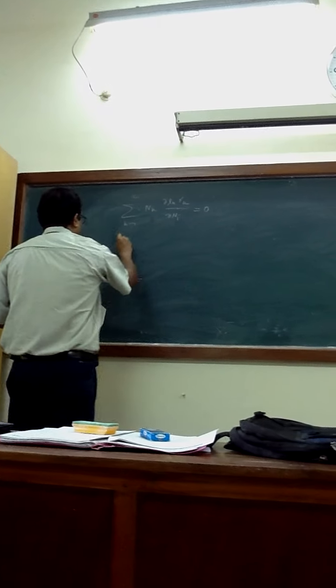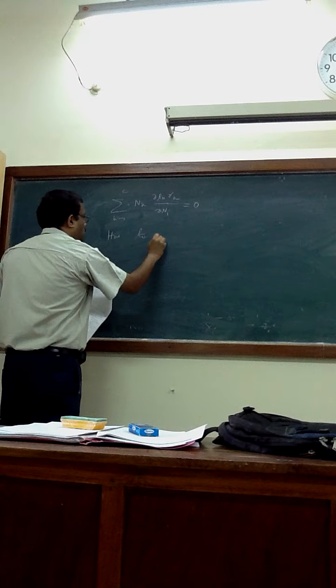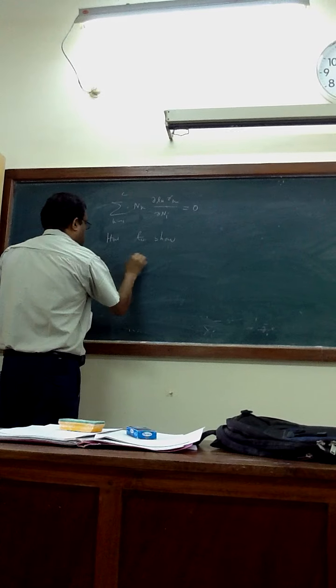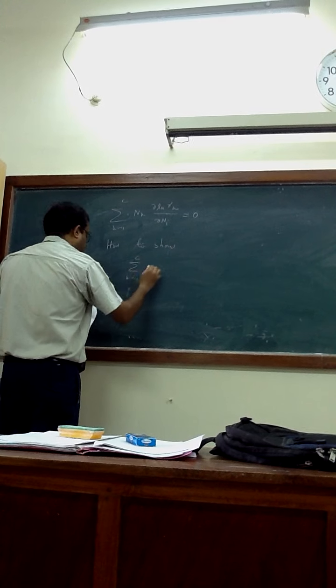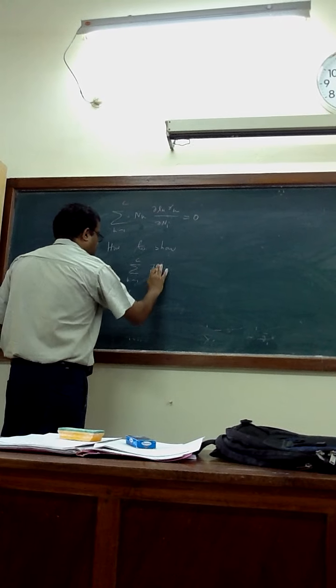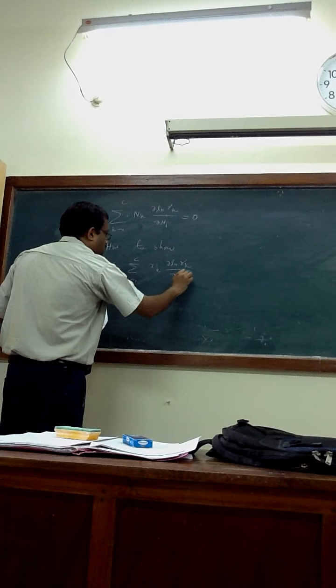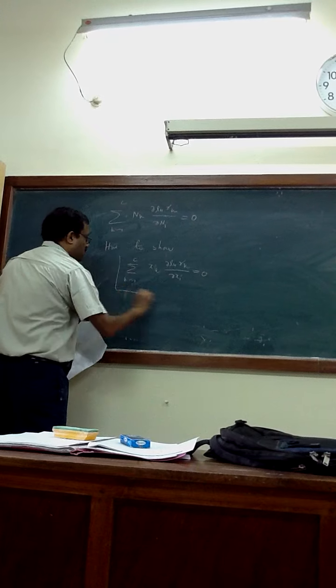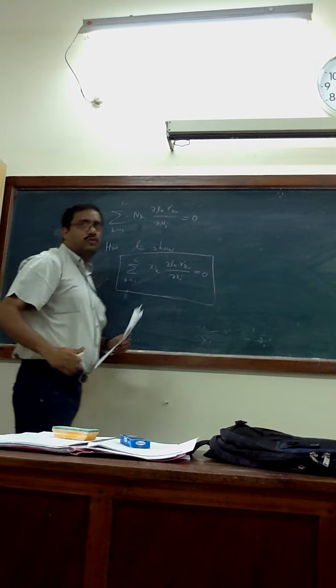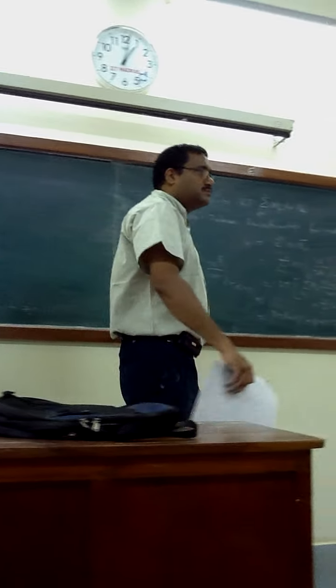How to show? Now I am giving a home task. How to show summation k equals 1 to C xk ∂ln gamma k/∂xi equals 0? This also you can show.